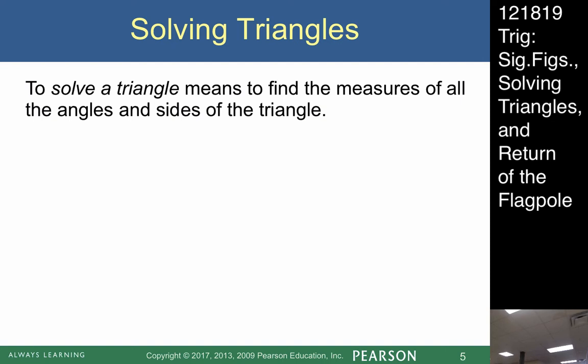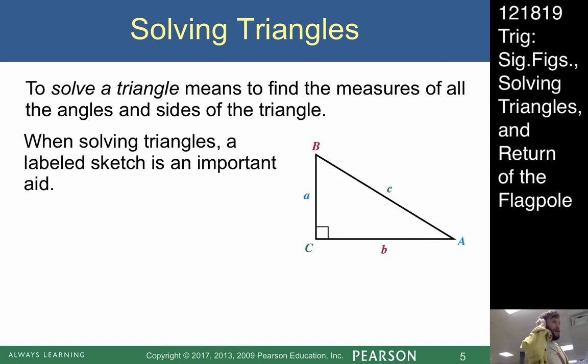You need to know 3 things. Solving a triangle is we're going to give you 3 bits of information, and you're going to solve all of the little unknowns in the triangle. So, for example, it's good to start with a sketch.